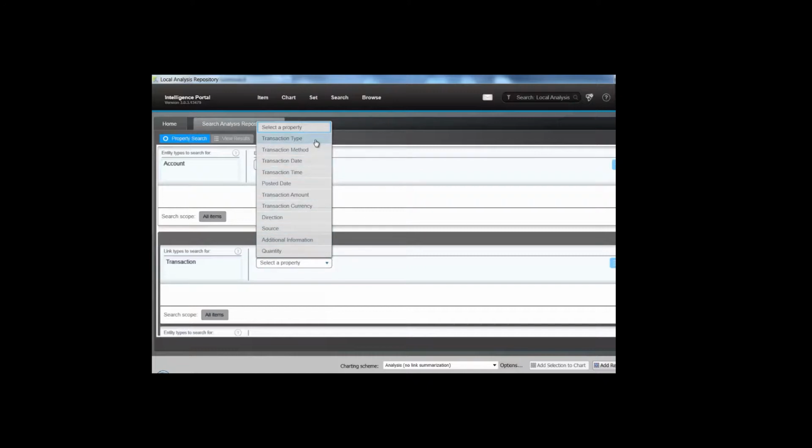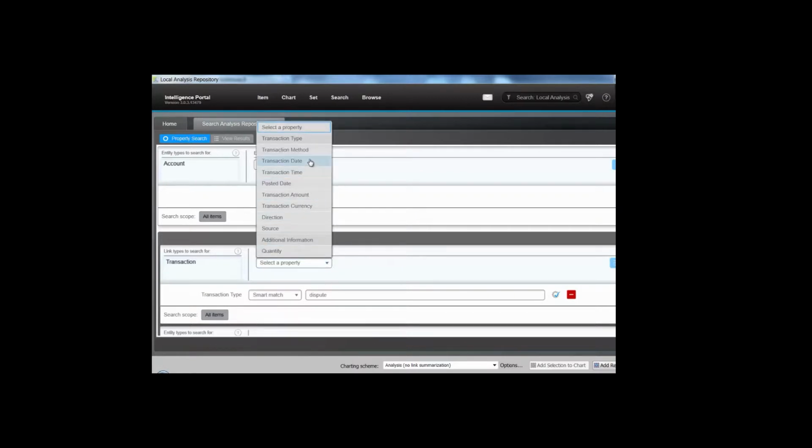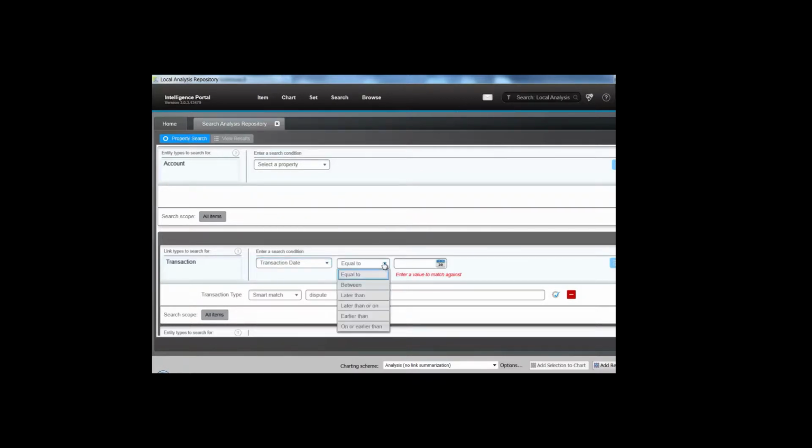She first filters by the link type, looking only for transactions associated with a dispute. She then narrows the field even further to specify only the week in question.